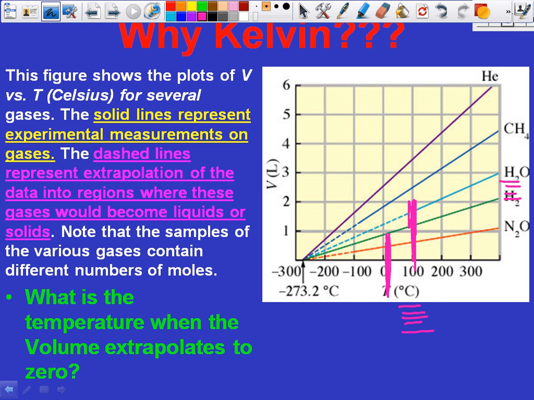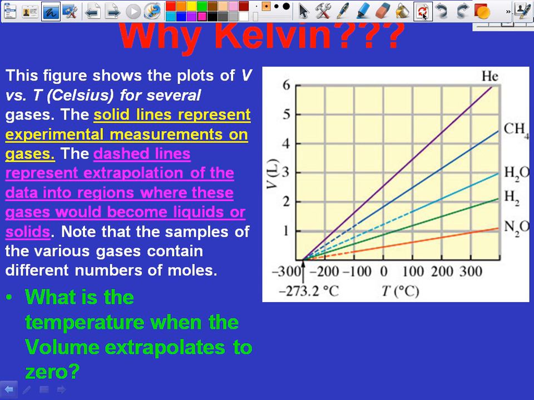Well, hopefully you say water boils at 100. So from this dotted line back, we know that it's in its liquid and its solid stages, because beyond 100, it's in a gas stage, okay? Because it boils at that point. But anything less than 100, we know it's going to be a liquid. Anything less than 0, we know it's going to be a solid, okay? Because we know it freezes at that.